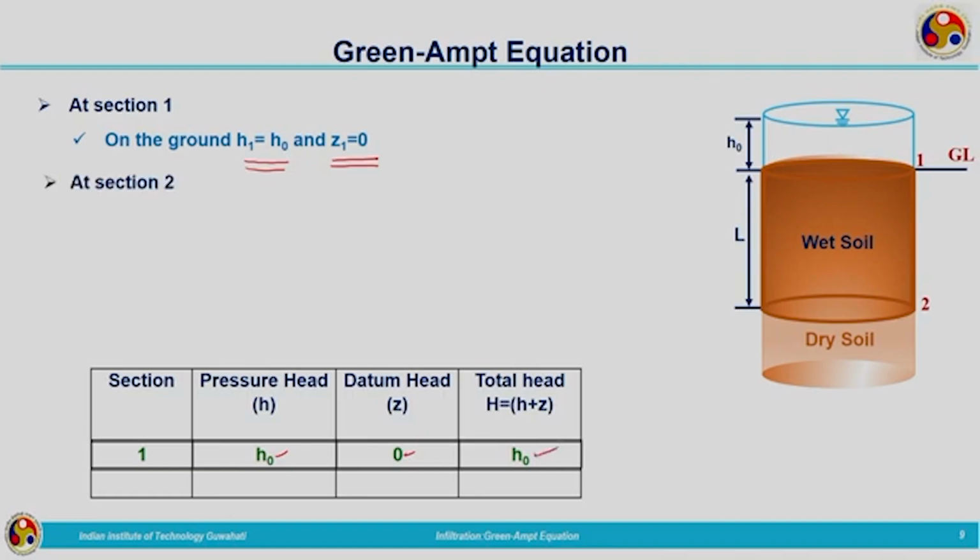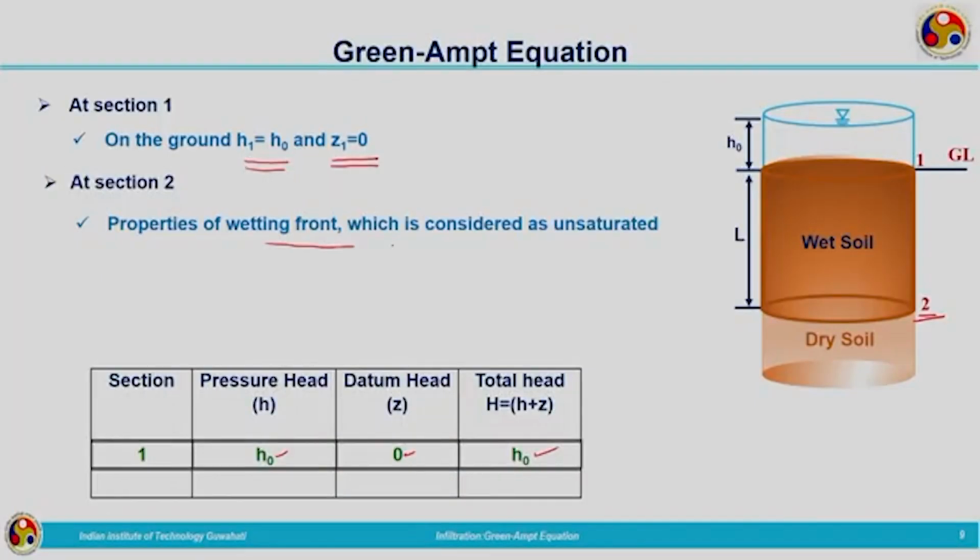Now, coming to section 2. Section 2 is at the location of the wetting front. The wetting front properties are considered to be unsaturated. That is the sharp boundary which separates the unsaturated and saturated regions. At the wetting front, the properties we are considering are those of the unsaturated region.